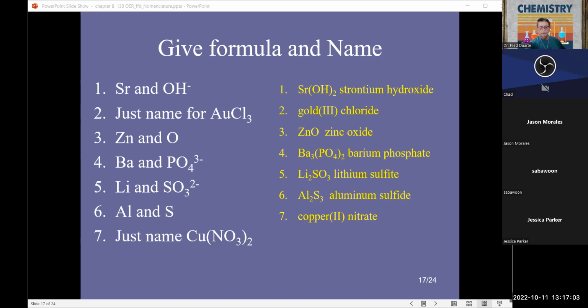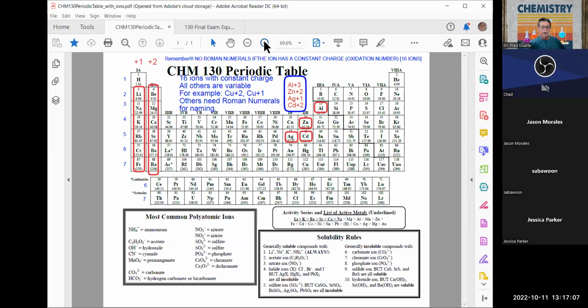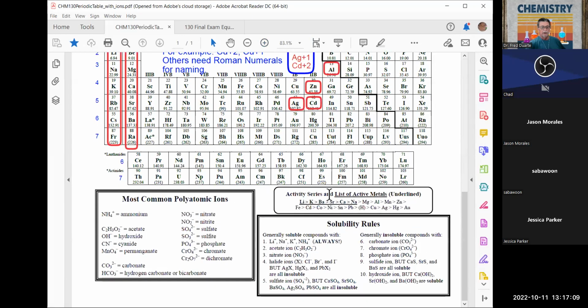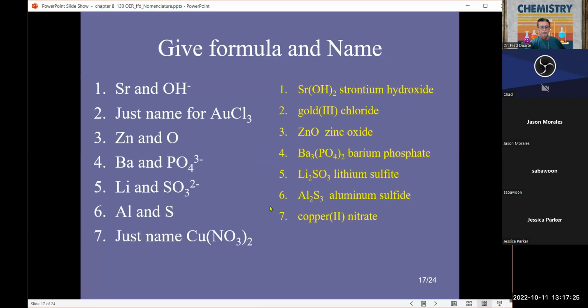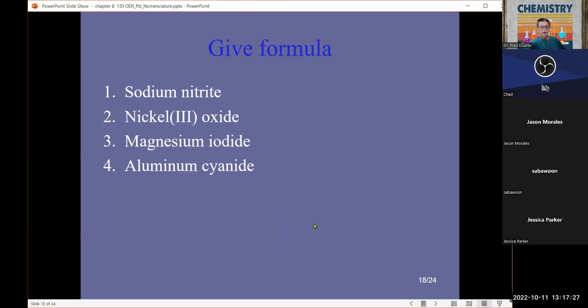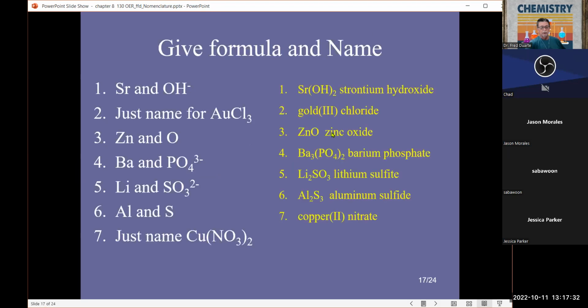Let's go to that polyatomic ion. If we zip through that, you can see right here, we were working with the sulfite. And then, oh yeah, we got the copper(II) nitrate. So here, let's do another set, and again, mix and match.